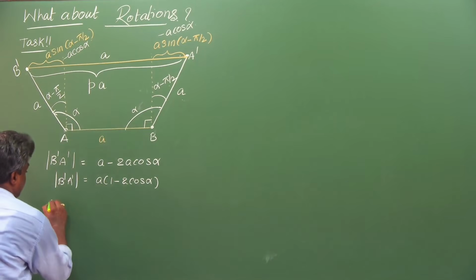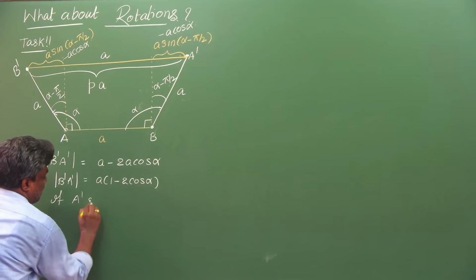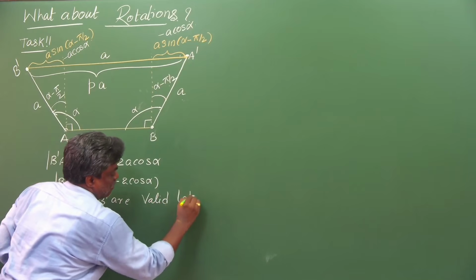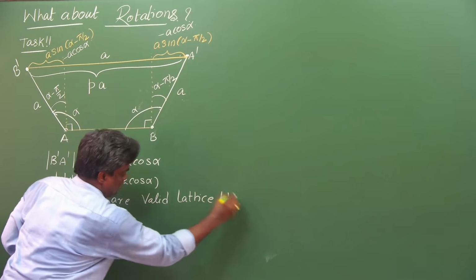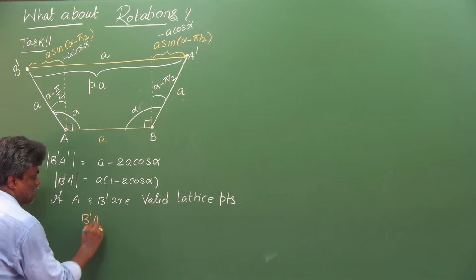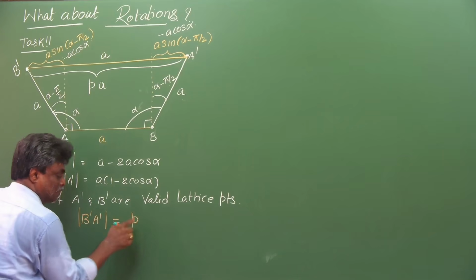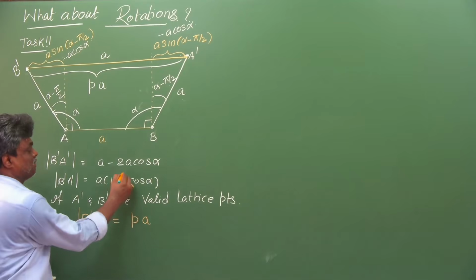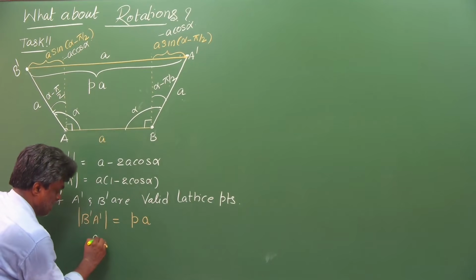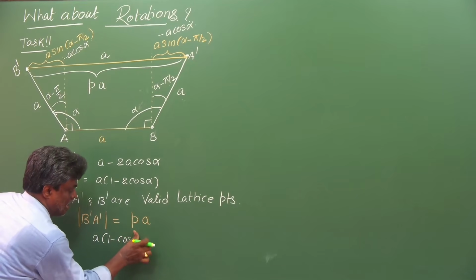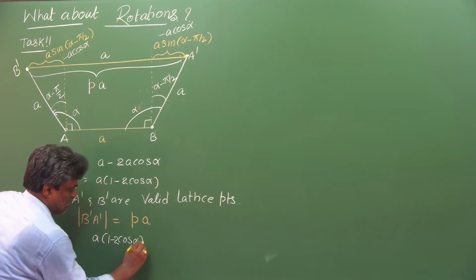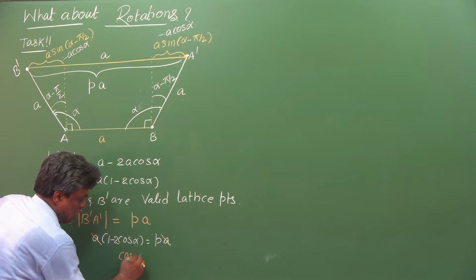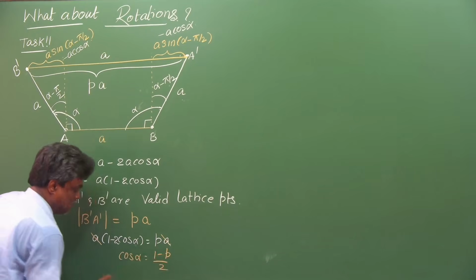Okay, one second. If A prime and B prime are valid lattice points, then B prime A prime magnitude must be equal to an integer times A. But I already found from the geometry how much it is: A times 1 minus 2 cos alpha equals P times A. That implies cos alpha equals 1 minus P by 2.